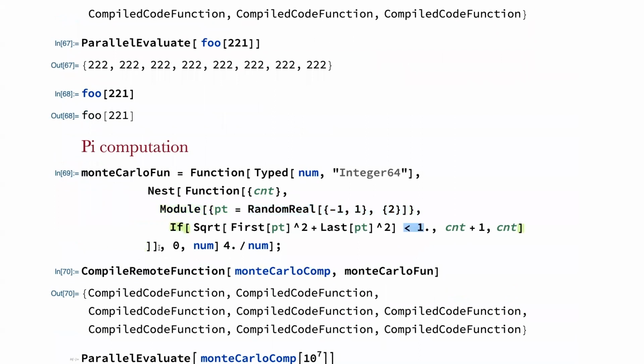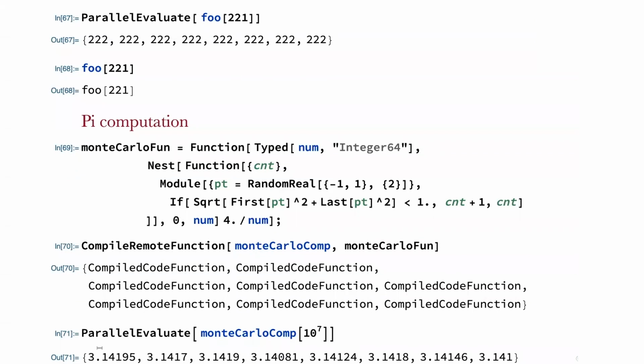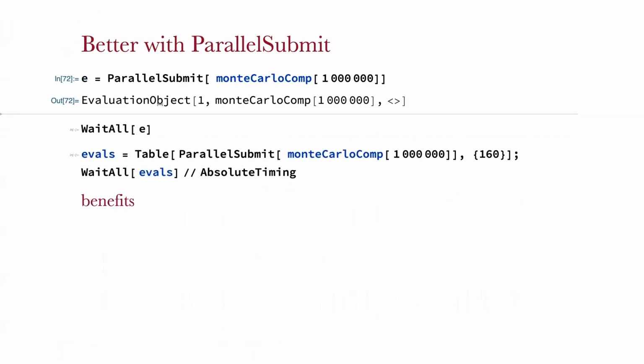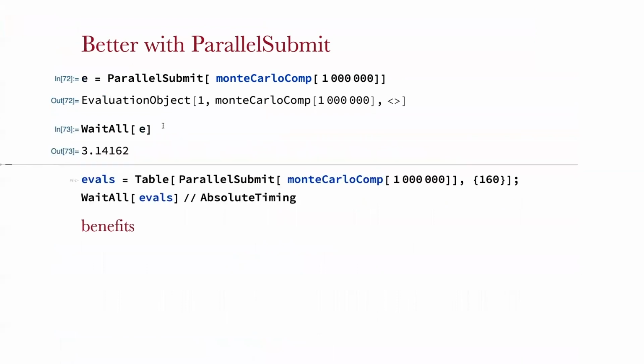If the result is less than 1, this is based upon the area of a circle, then I increment the counter, otherwise I don't. And I'm using the nest operation. So I've done the computation there, and I've sent it to the workers, and the result is coming back there. Doing this computation, it's slightly better to do it with the parallel submit functionality.